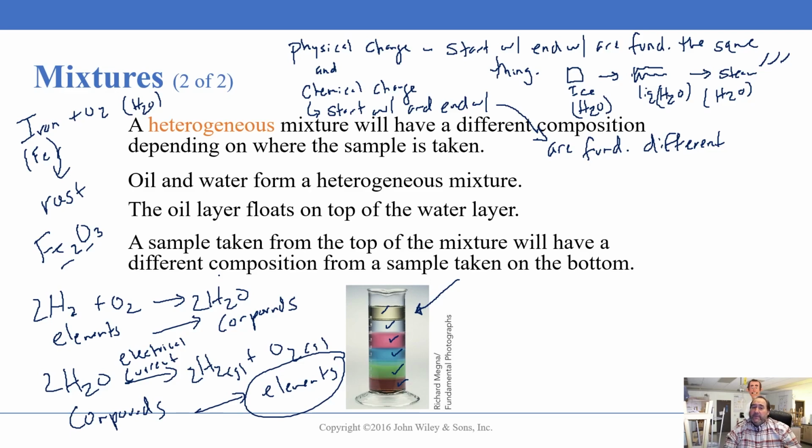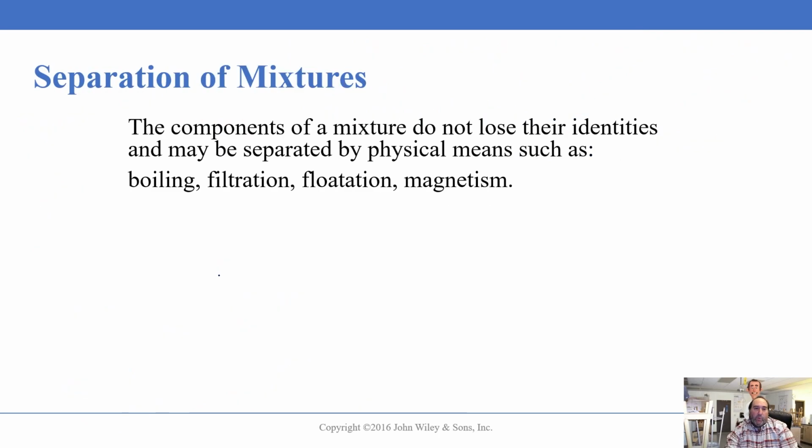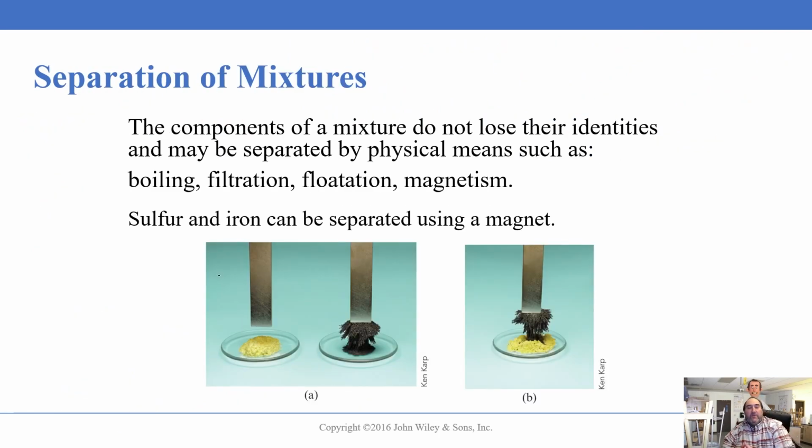So why is it important to know physical changes and chemical changes? When we talk about mixtures, regardless of the type of mixture that you make, you can get back the original components through some type of physical means. We can get back the original components by doing some type of physical separation.